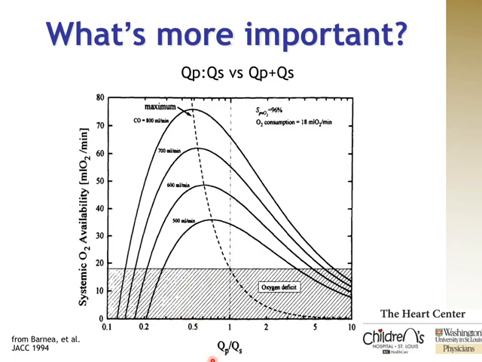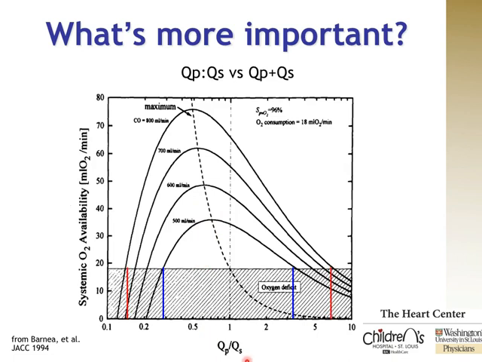And what's important in this diagram to recognize is that at a lower cardiac output, the intersection of the curve with the danger zone line is going to be relatively narrow. So it may be important to maintain that QP to QS in a very narrow window here to keep adequate oxygen delivery.